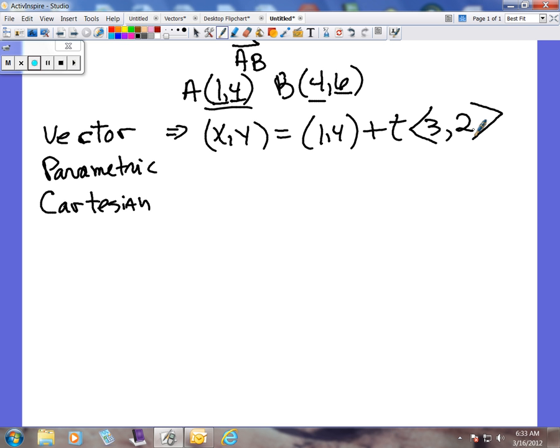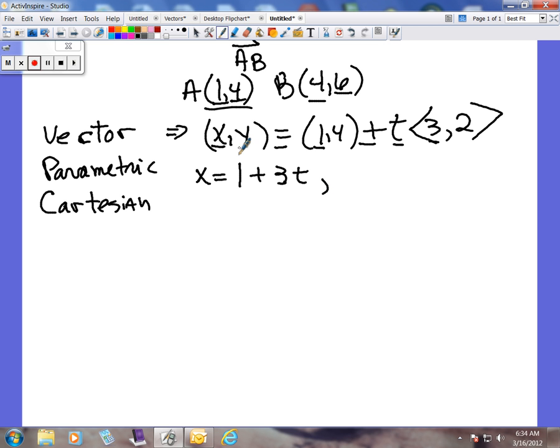Now remember, our parametric is going to be the x equals the x here, 1, plus t times the x in this vector ordered pair, which would be 3t. So we would have x equals 1 plus 3t for the first part.